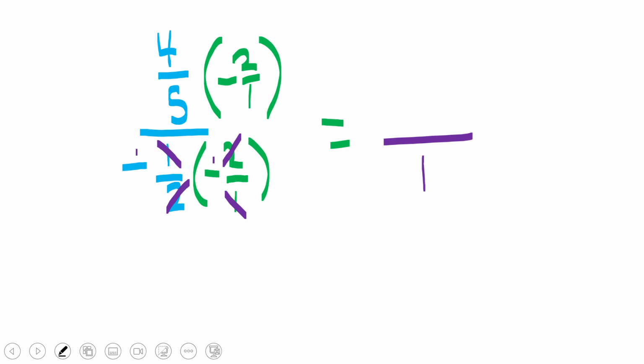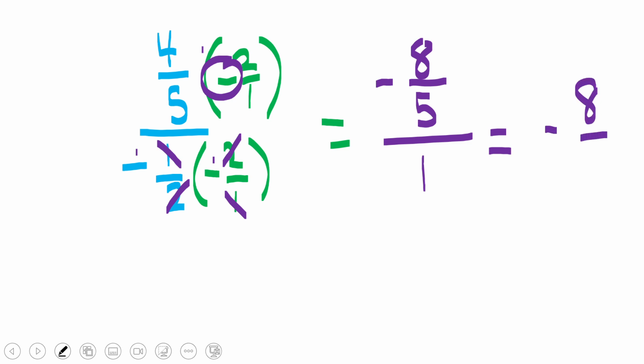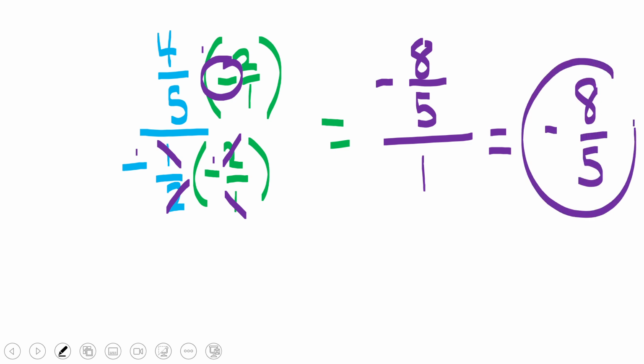And that keeps the equivalency of the fraction. So on top, in the numerator, we have 4 times 2, 8. We have 5 times 1. In the denominator, 5. And it is unlike signs that we're multiplying, so negative 8/5. This is all over 1 now, so our final answer is negative 8/5 without the 1 in the denominator.